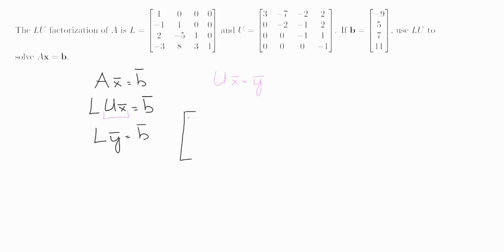So our L is all of this. We'll rewrite this over. And then we're going to augment that with our original B vector that the problem gives us. So we'll augment this with -9, 5, 7, and 11.